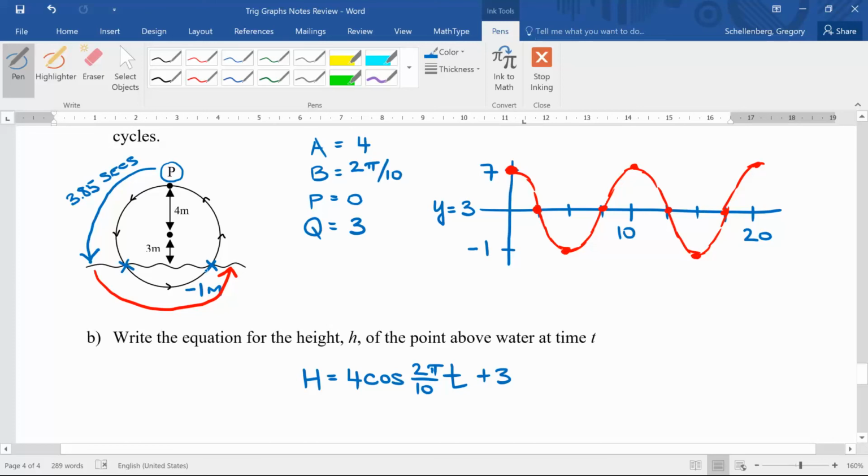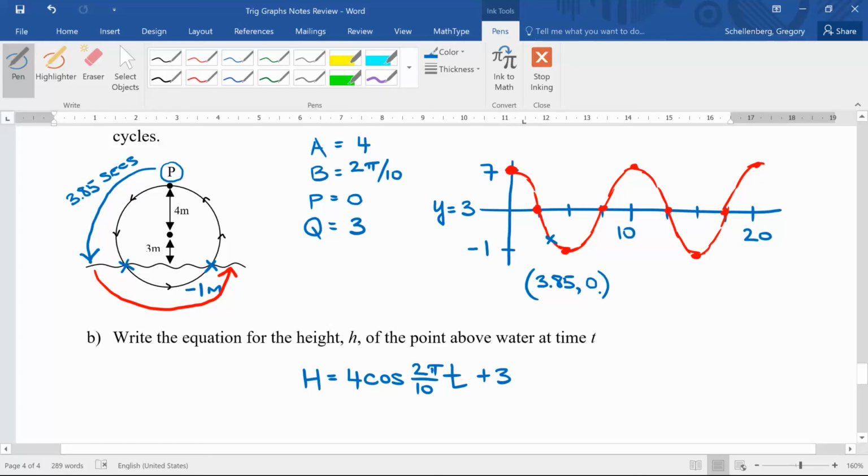Okay, well, let's say that this right here has an x coordinate of 3.85, which is our time, so at 3.85 seconds. The y coordinate, which is height, is going to be 0.